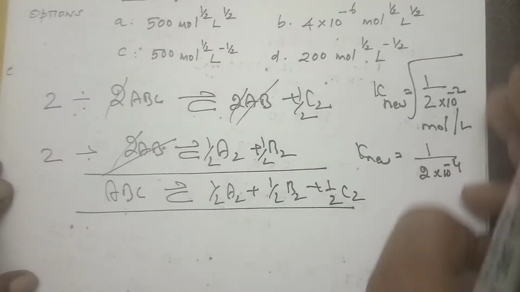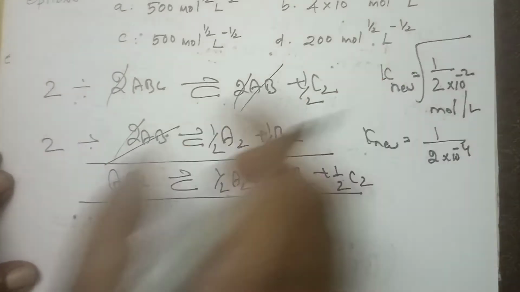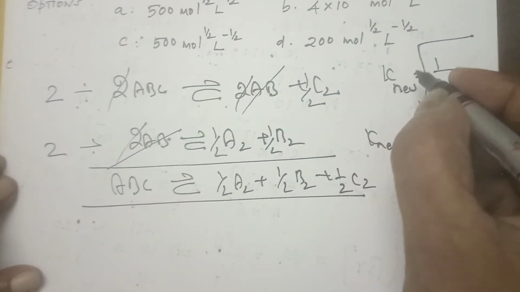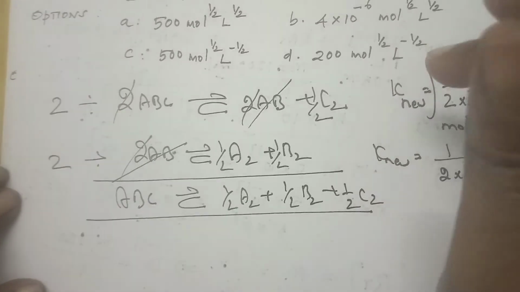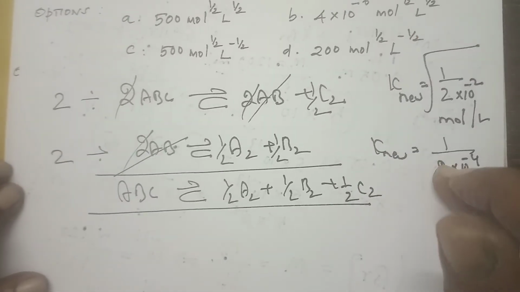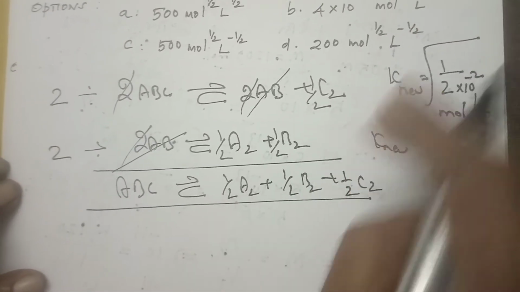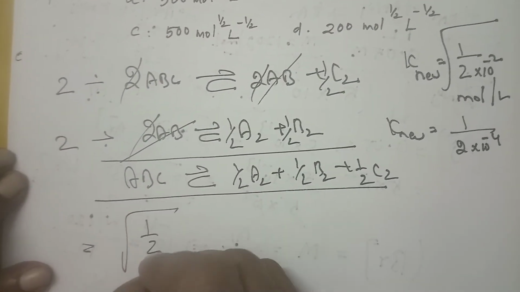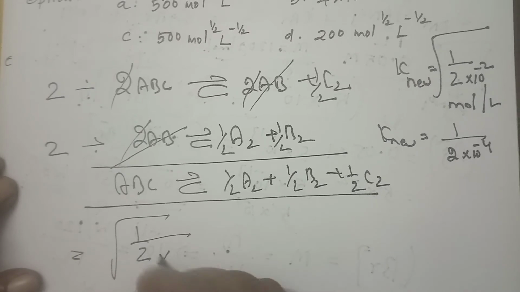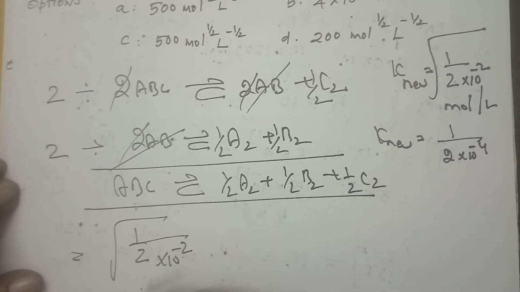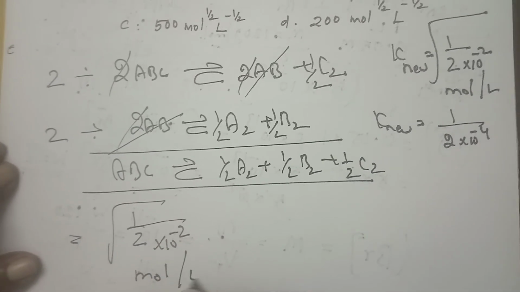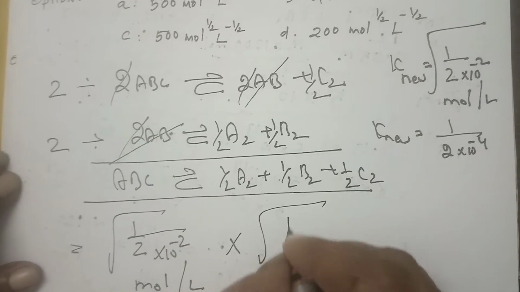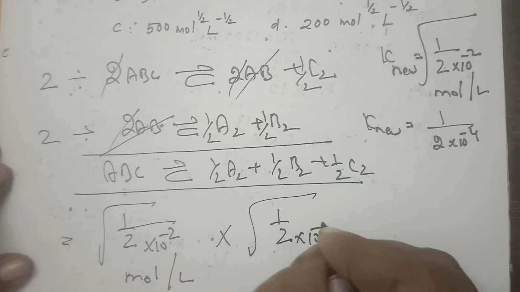So ultimately, what we have to do is multiply these two. Let me call them K1 nu and K2 nu; the ultimate value is the product of these. Now let me write the square root of 1 by 2, where the denominator is into 10 power minus 2, and let me write the unit here, mole, into the square root of 1 by 2, here it is 10 power minus 4.